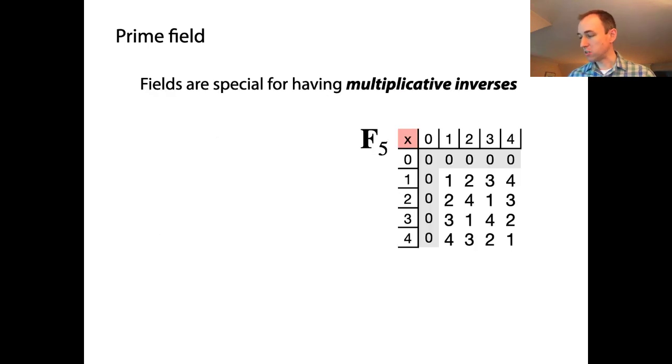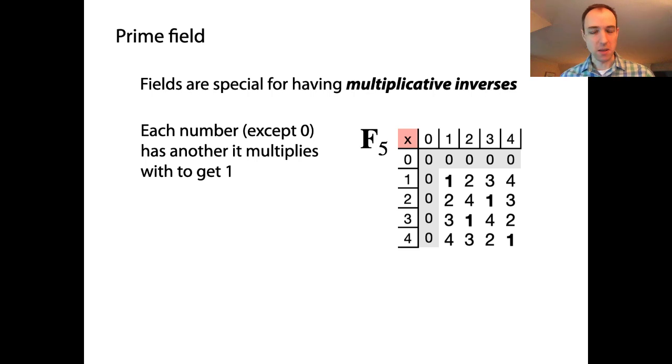So fields are special for having so-called multiplicative inverses, by which I mean that each number, 0, 1, 2, 3, 4, in the case of F sub 5 here, has another number, except 0, I should say, that it multiplies with to get 1, according to this multiplication rule.